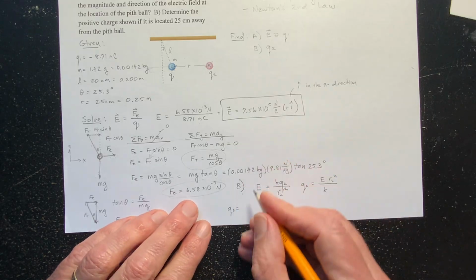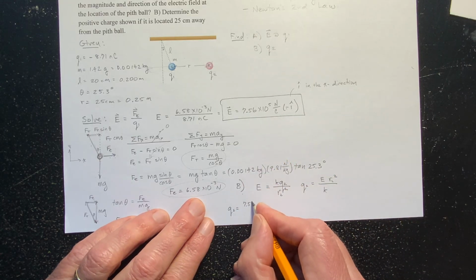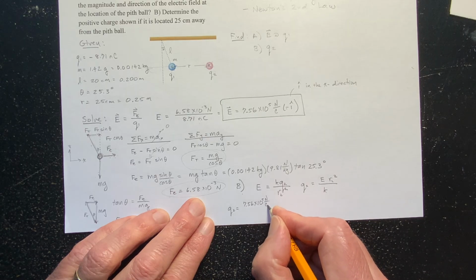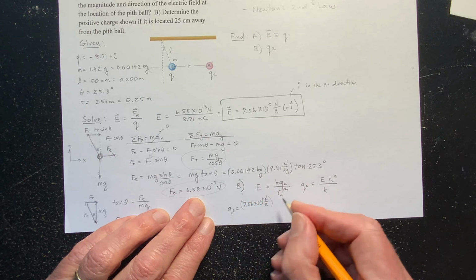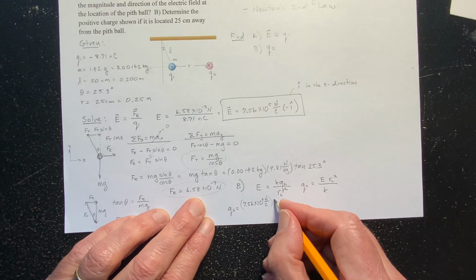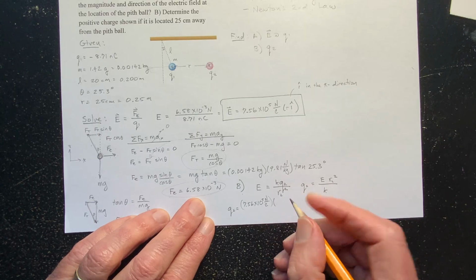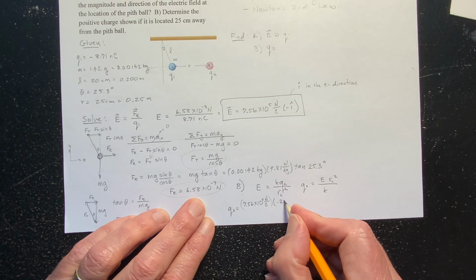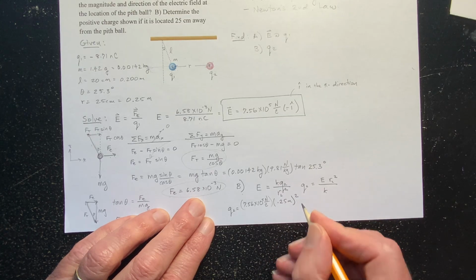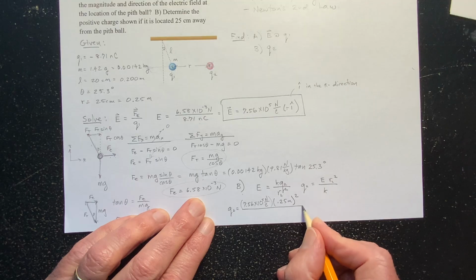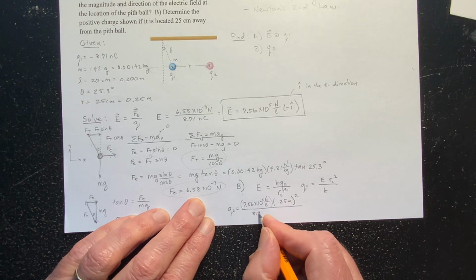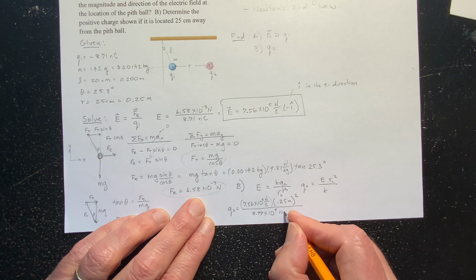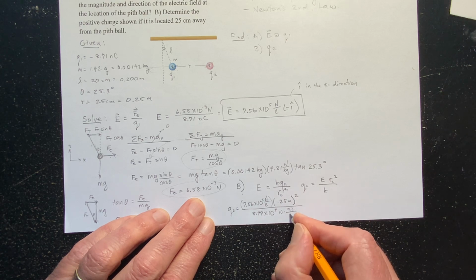Well, we got the electric field at 7.56 times 10 to the 5 newtons per coulomb. We don't need to worry about that direction now. r is given to be 25 centimeters or 0.25 meters, but we've got to square that, and then we have to divide by 8.99, the electric constant, times 10 to the 9 newton meter squared per coulomb squared.